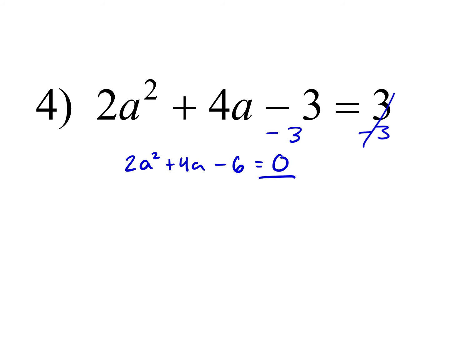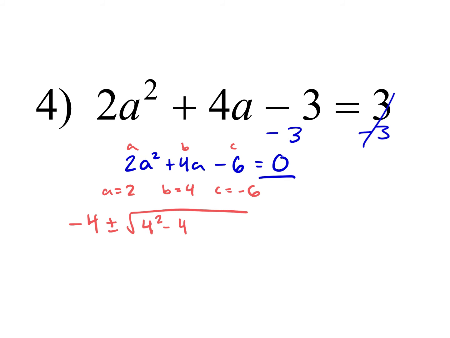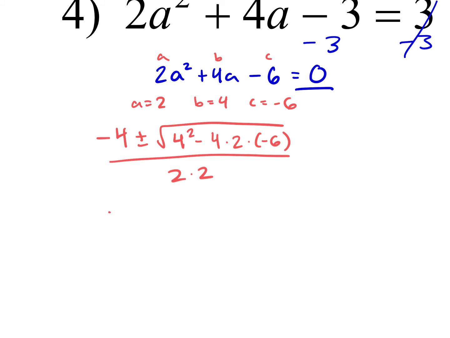So once it's equal to 0, we can just list our A, B, and C. What's A? What's B? And what's C? So we have negative B plus or minus the square root of B squared minus 4AC over 2A. All I did was plug it in. So negative 4 plus or minus, what's 4 squared? 16.